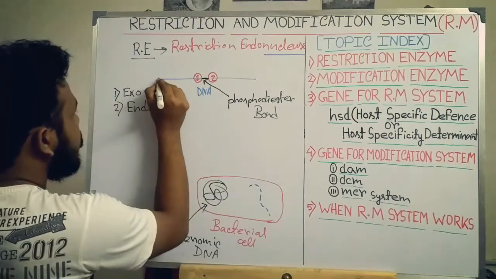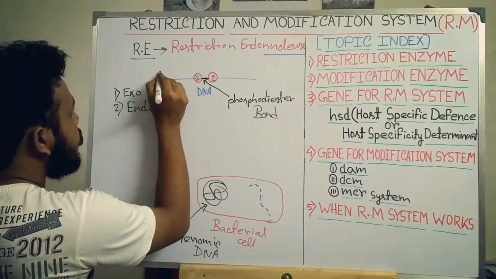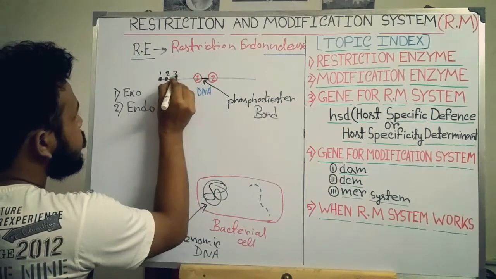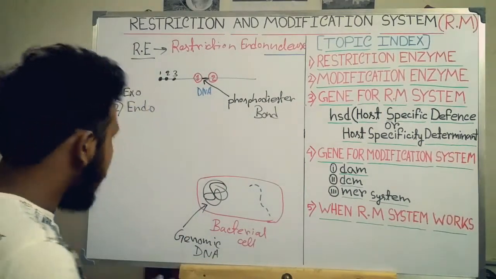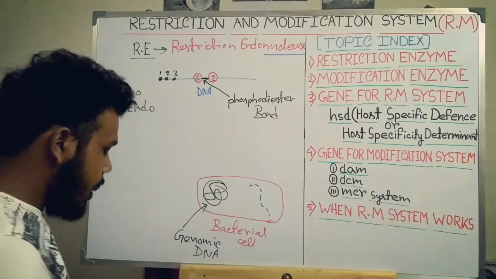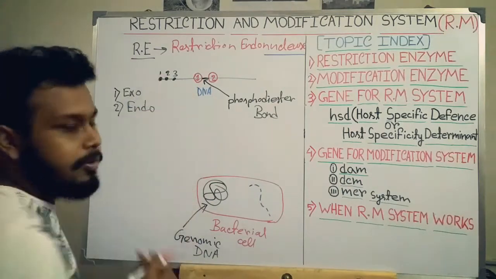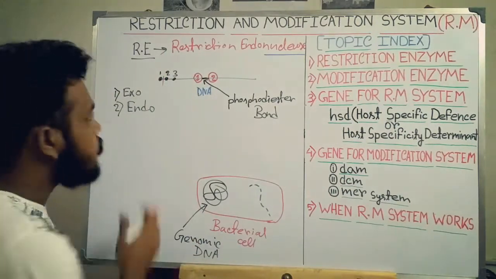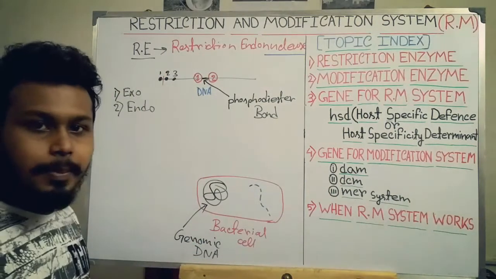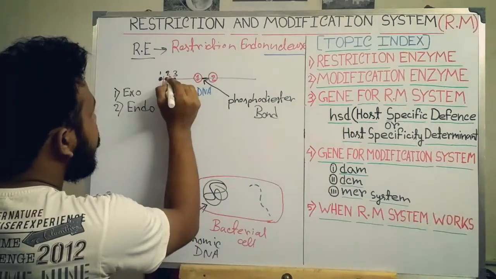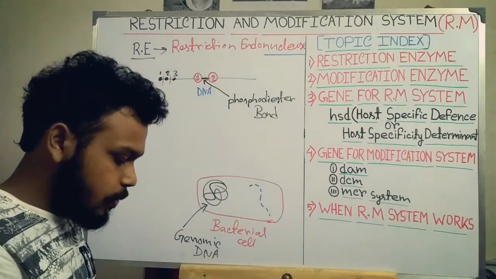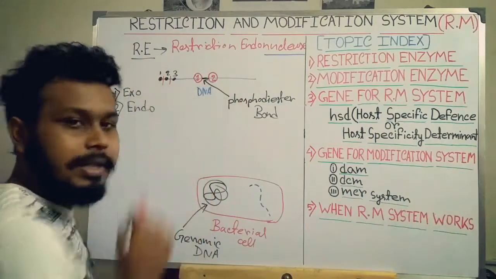So suppose nucleotide 1, 2 and 3 are present, and this exonuclease enzyme at first cuts the phosphodiester bond between nucleotides 1 and 2. Now the first nucleotide is separated, and then it cuts the phosphodiester bond between 2 and 3. In this way it can cut the whole DNA.